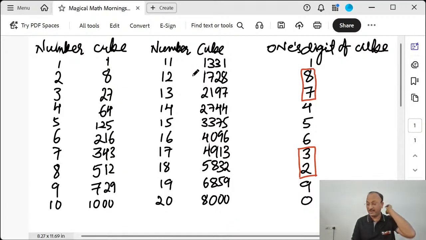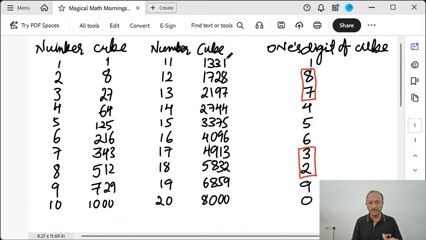I call it number vocabulary because, like in English you learn spellings, in mathematics you should be increasing your speed of multiplication tables, division shortcuts, squares and cubes. This is your basic number vocabulary. If you try to increase your number vocabulary of cubes, from 11 one day, 12 one day, gradually you can learn up to 20.